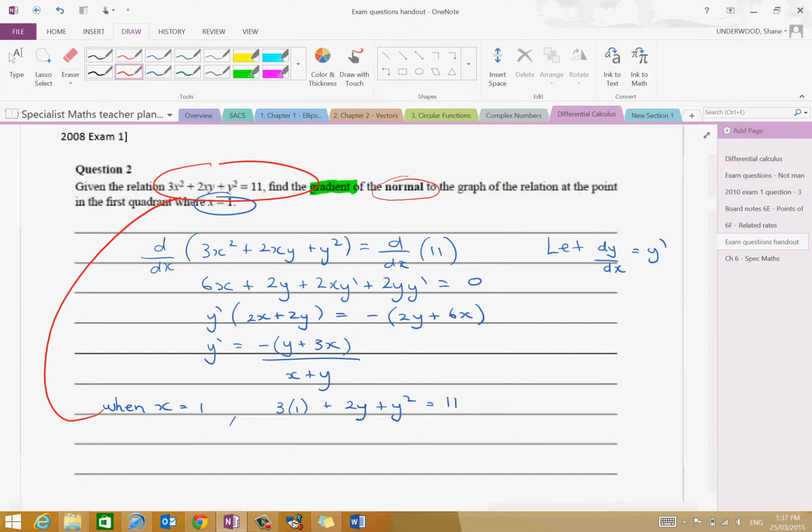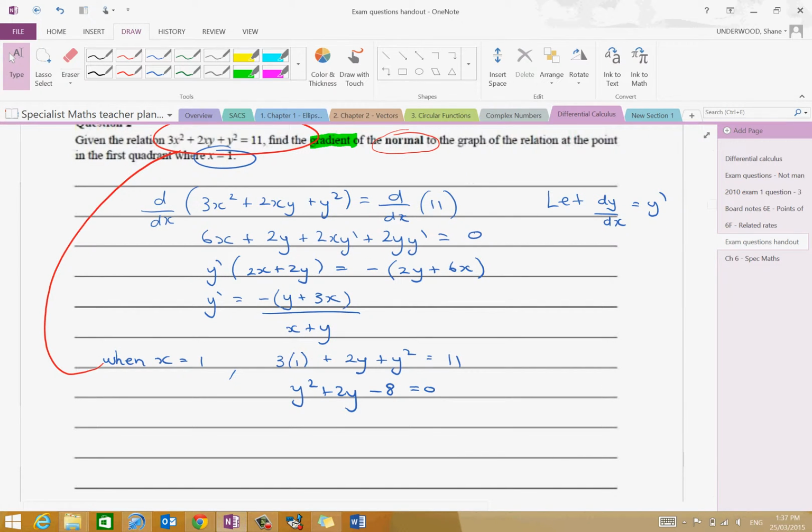When I first did this, I think I wrote 1 there accidentally and then went off on some big tangent because I couldn't work it out. So be careful. Y squared plus 2y minus 8, is that right? Is therefore equal to 0.